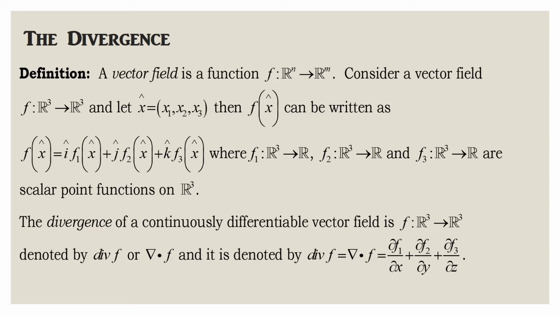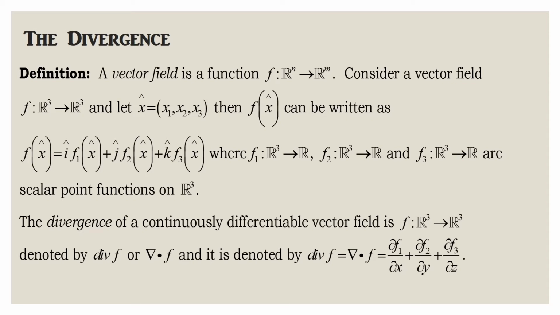Such vectors are inputs for our vector field f from R^3 to R^3. If we take an input x cap equals x1, x2, x3, then f of x cap sits inside R^3. So it is also a vector in R^3.